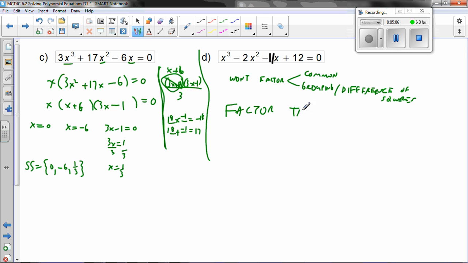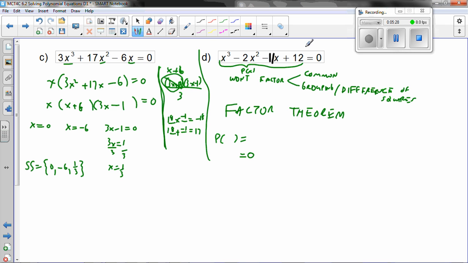It's kind of a last resort for us, isn't it? Because it's so much work. So I'm going to call that p of x, and remember, I want to find a value of x that, if I substitute it in, I'm going to get 0. I want this answer to be 0 because then whatever I put in is going to be a factor.